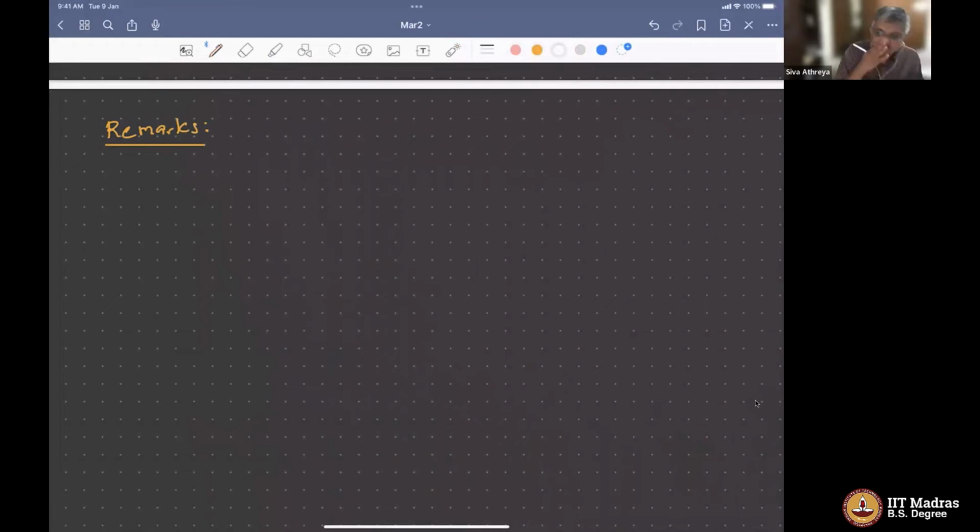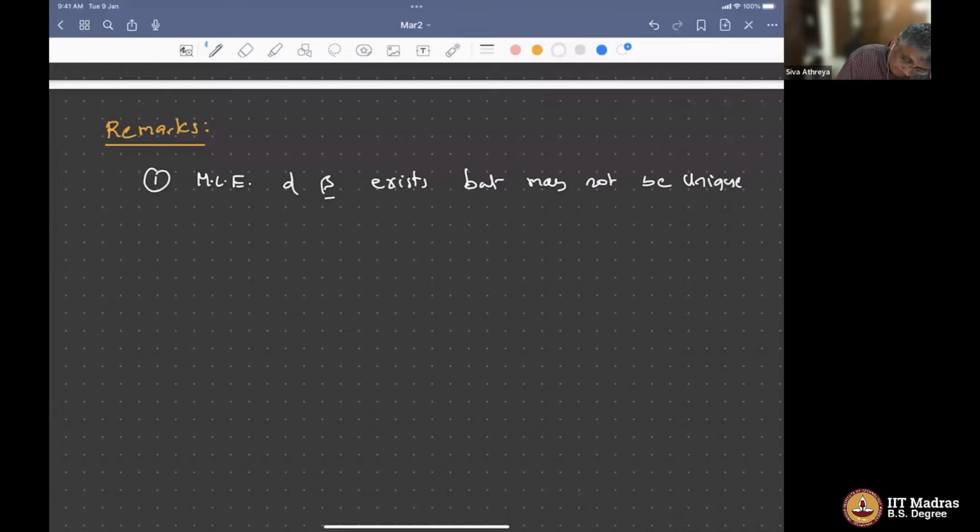The first is that the MLE of beta may exist, but may not be unique. The second thing is, when is it unique?